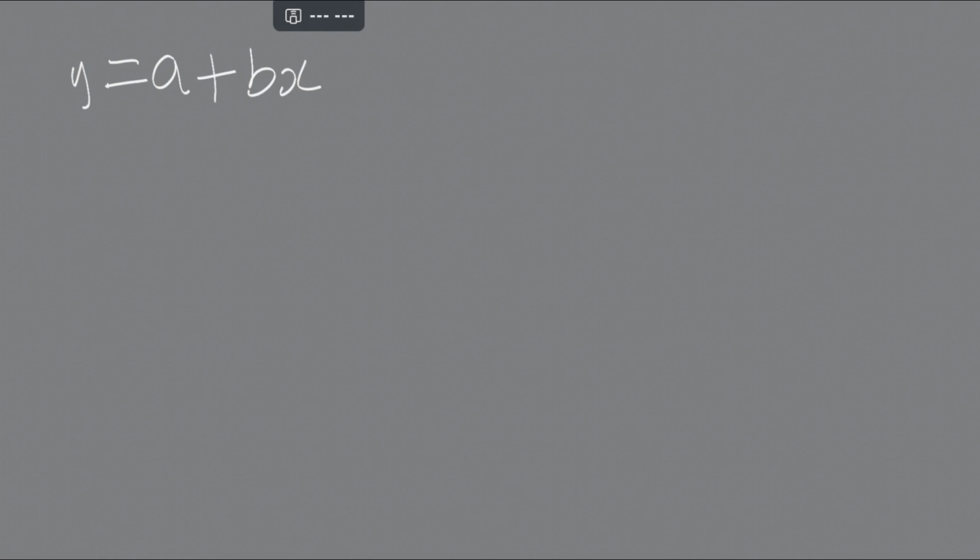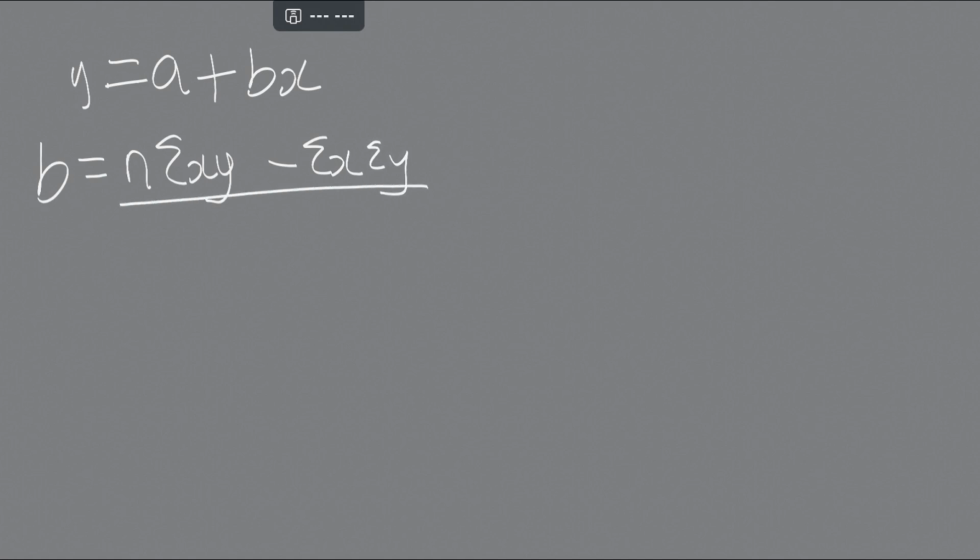The formula to get b is n summation xy minus summation x summation y, divided by n summation x squared minus summation x all squared.